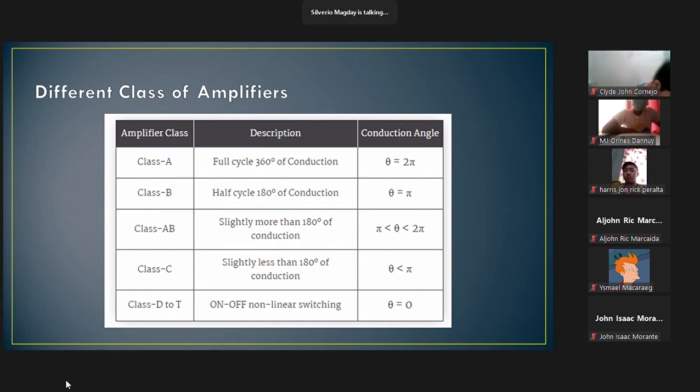Yung mga amplifier classes, they represent yung amount ng output signal which varies with the amplifier circuit over one cycle of operation. Kaya ito lang yung sa mga conduction. It's better to describe it with the conduction limits.